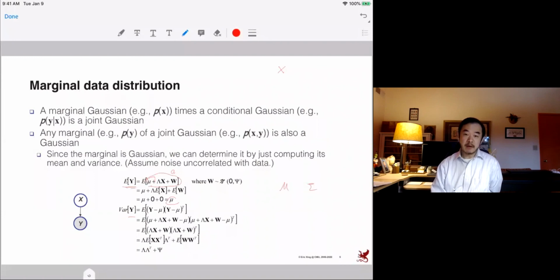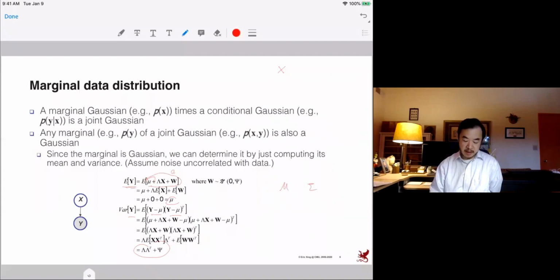And then the covariance of the Y can be computed by brute force using the definition of the covariance, and you get this value, which is the outer product of the lambda plus the phi, which is the noise covariance. So that's the standard way of computing a marginal distribution of the Gaussian.